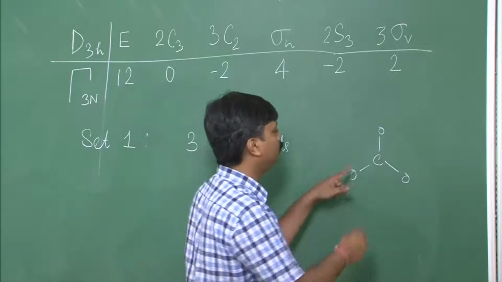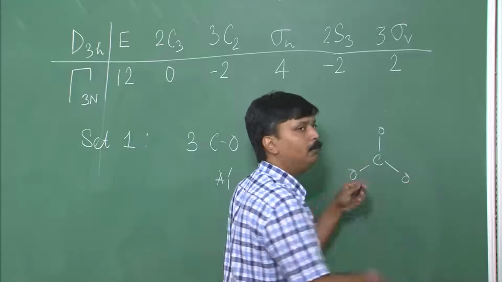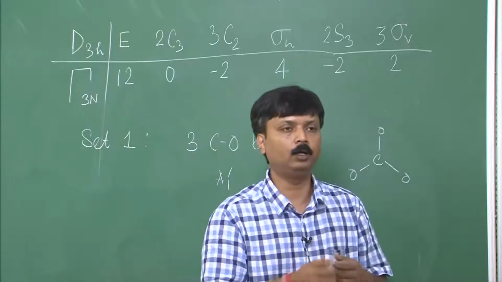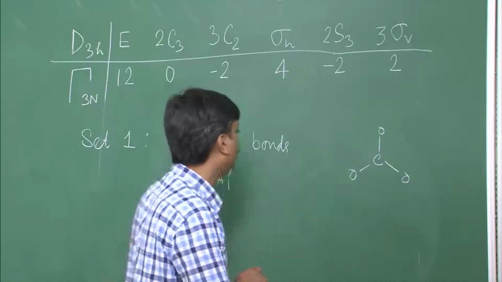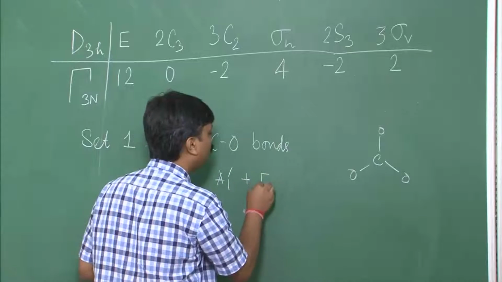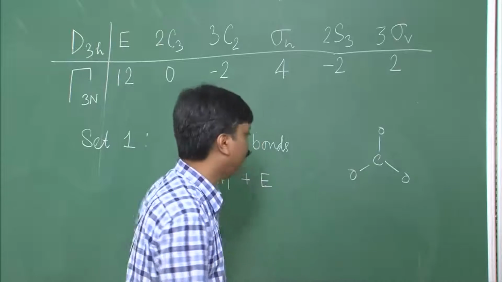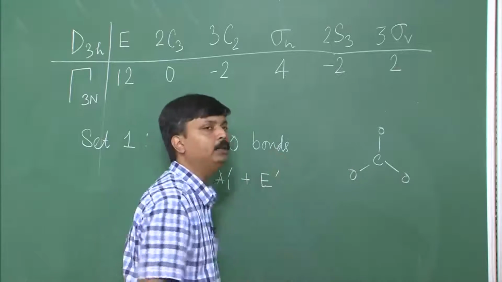And for the rest two, one can be stretching in this direction and one contracting. So there will be a combination of two motions. I can intuitively say that that will belong to one of the E representations. Call it E prime.